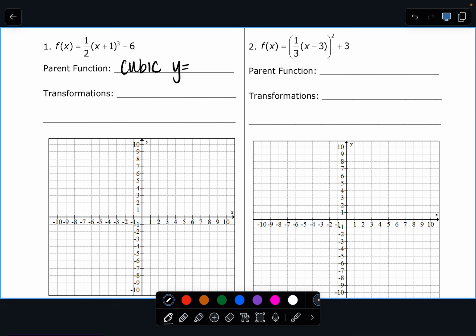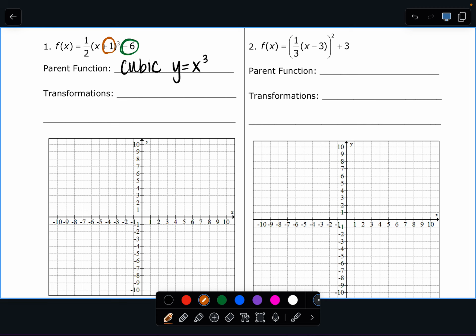So I like to kind of write in what the parent function would look like with no transformations so that I can come in and identify how does it differ. We always start with shifts. So usually when I write these down, I will write my shifts first. So what I'm noticing is I have a +1 on the inside and a -6 on the outside.